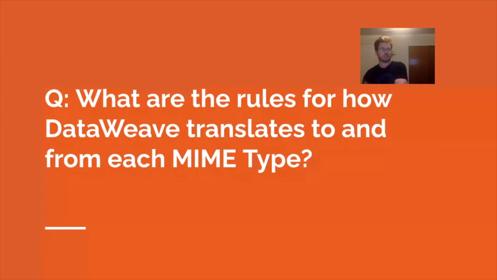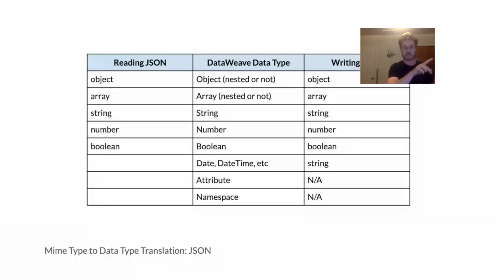So here we're looking at JSON, and we're going to look at this exact same table format for the next three slides. Let me explain it real quick. On the left-hand side and the right-hand side, we have our MIME types and the different attributes that those MIME types have. For example, with JSON, we have objects, arrays, strings, numbers, etc. With CSVs, we have fields, rows, headers, those kinds of things.